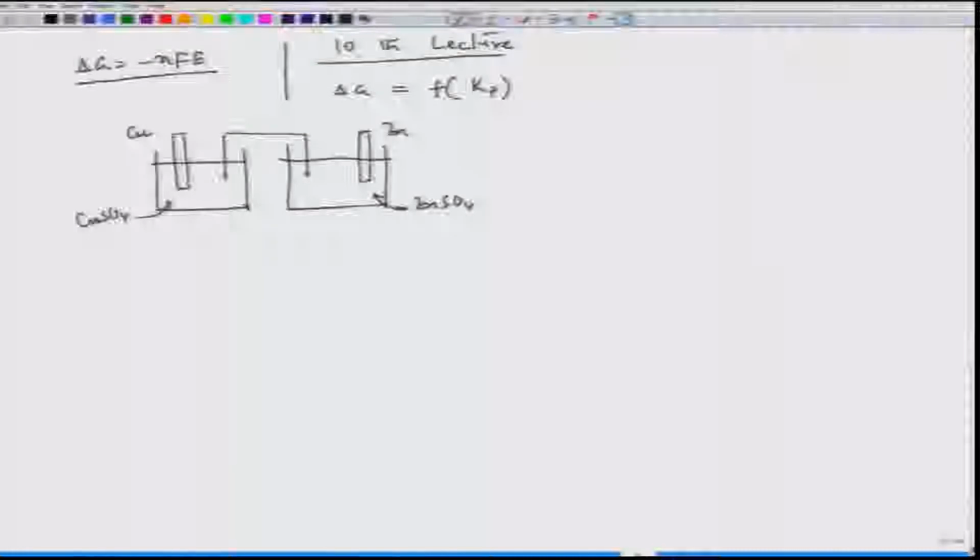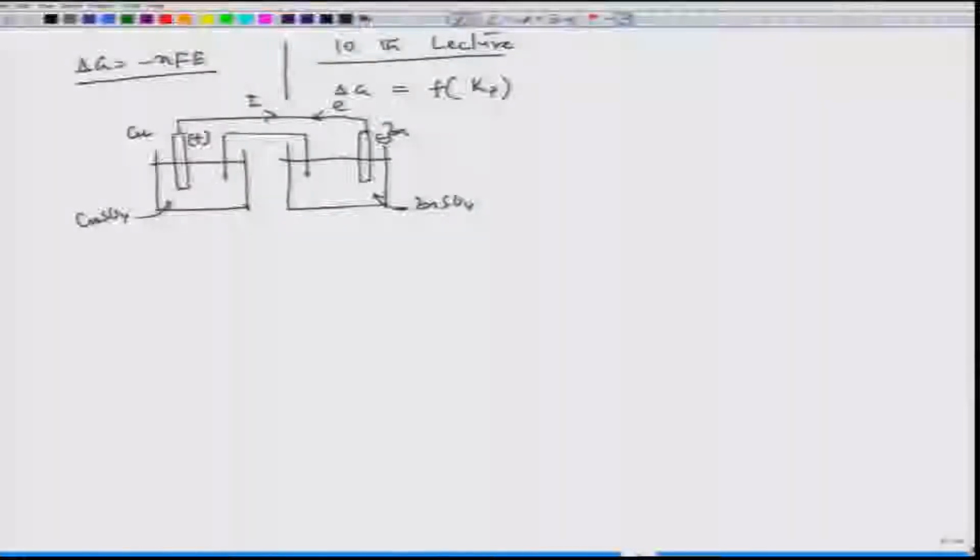Now, this terminal will be minus, this terminal will be plus, and if we connect them by an external conductor, then the current will flow this way and electrons will flow this way, because we know that here oxidation happens, here reduction happens. Now, we know that current flows from positive terminal to negative terminal.